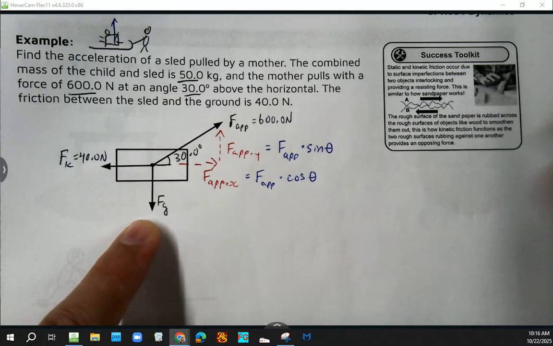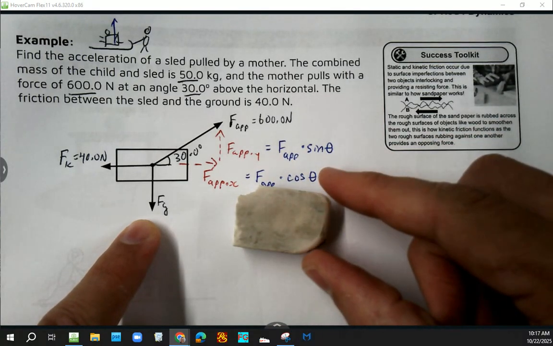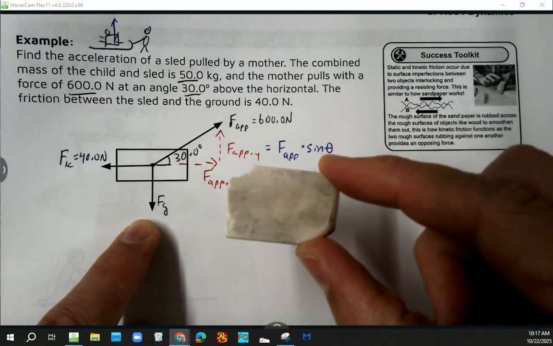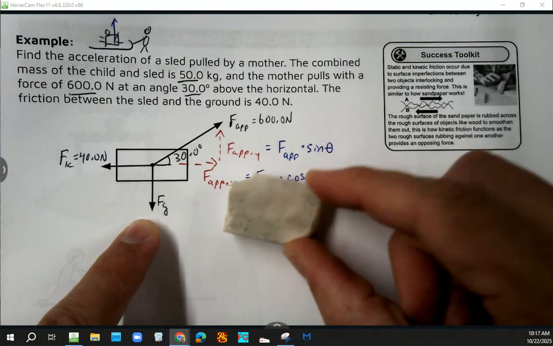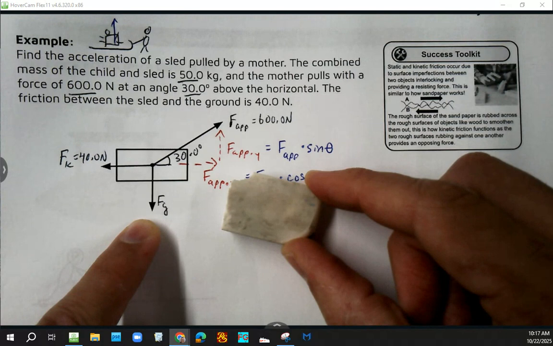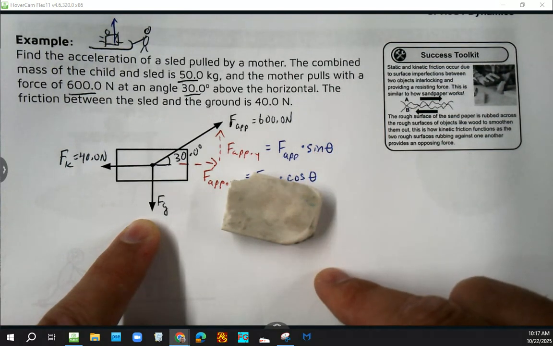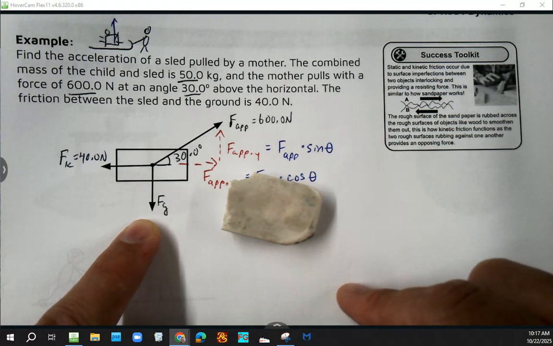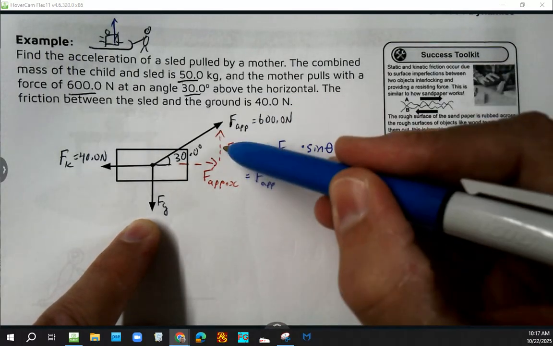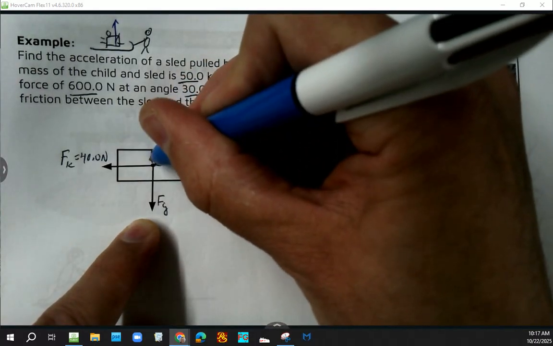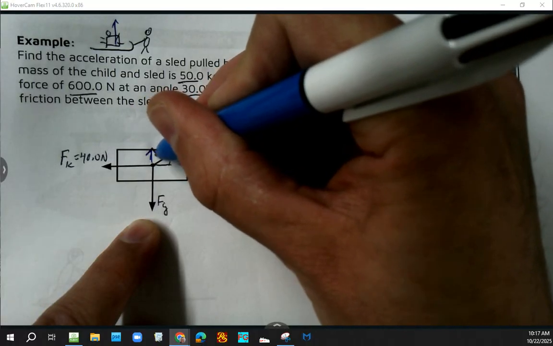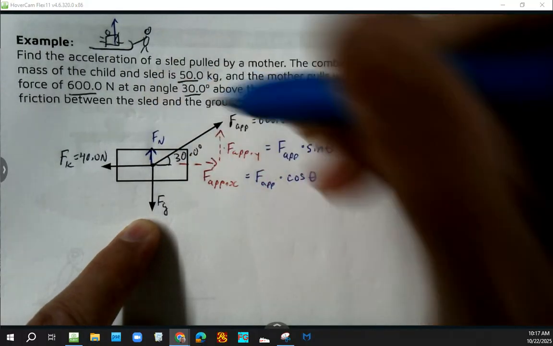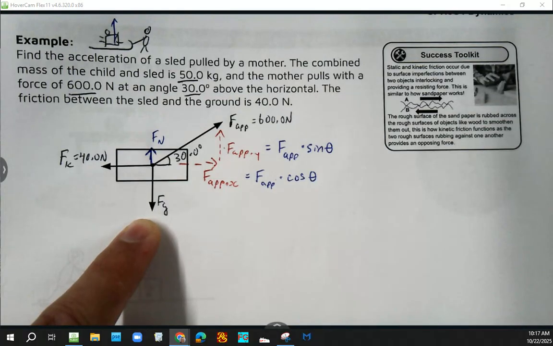I got an eraser here. If I pull ever so slightly up on this eraser, not hard enough to make it leave the ground, but just ever so slightly up, am I making the desk work harder or less hard? Less hard, right? So if I pull up on this thing, yeah, there's going to be a normal force, but let's agree that the normal force would be diminished. It wouldn't be the same as force due to gravity.